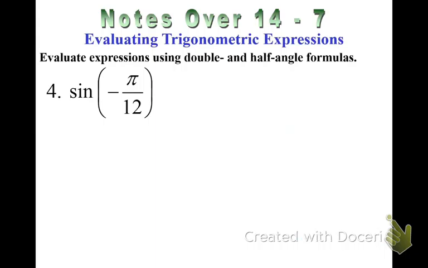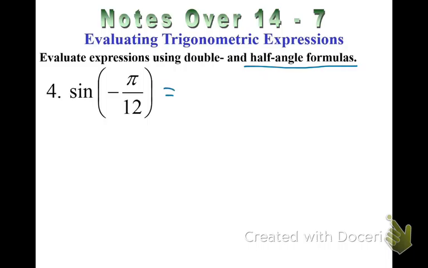So if you're using your half angle formula and you're using radians, this is how you're going to get the half angle.